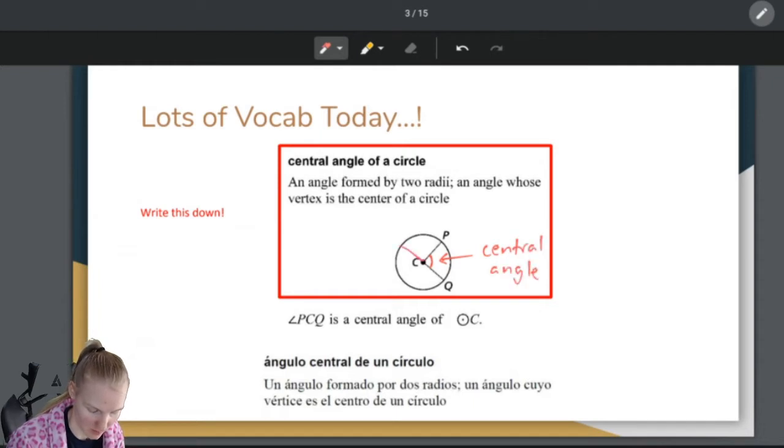If we had another over here, this would be a central angle. What it means to be a central angle is that the sides that form our angle are radii of the circle. You can see PCQ is a central angle of circle C.